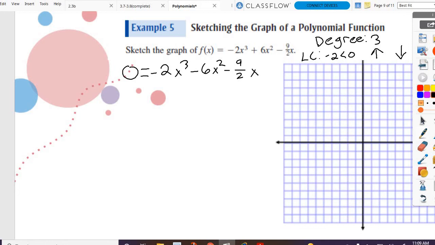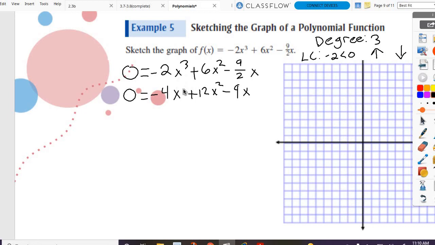Multiplying by 2. So if I multiply 0 by 2, what do I get? Still 0. So as long as I do it to everything, that should be a cube. I'll fix it in just a second. We would get just 9x there, right? Which is easier to deal with than the 9/2.